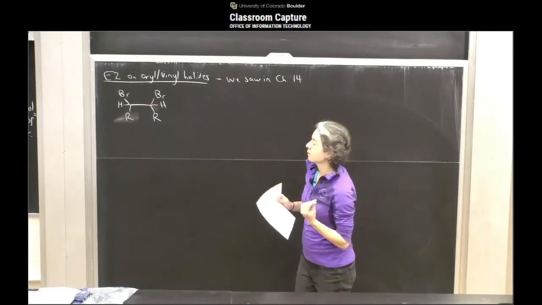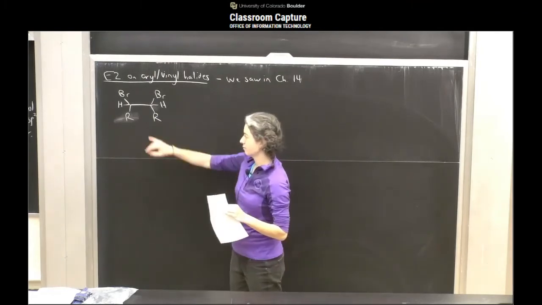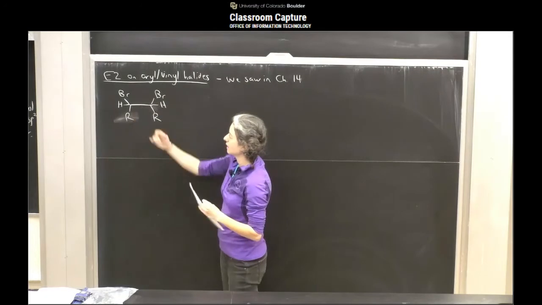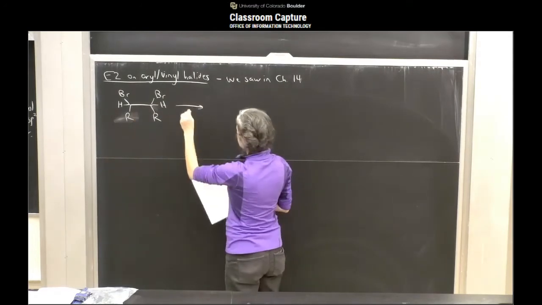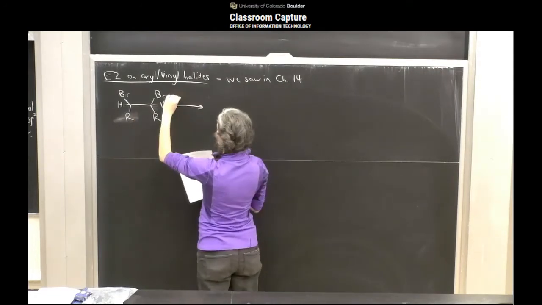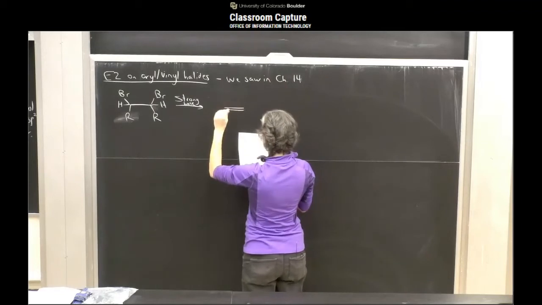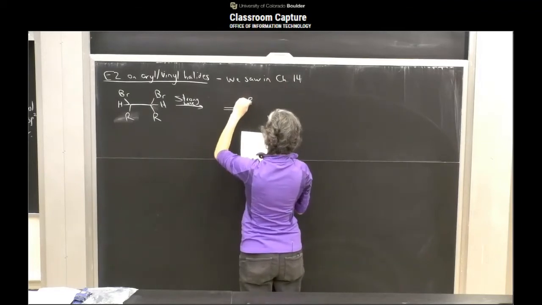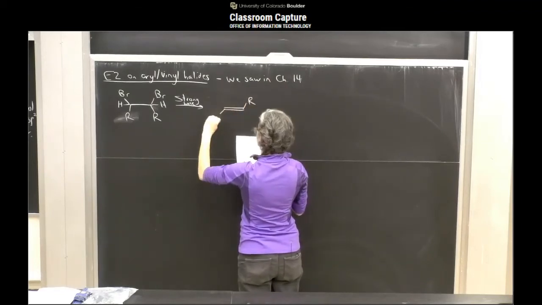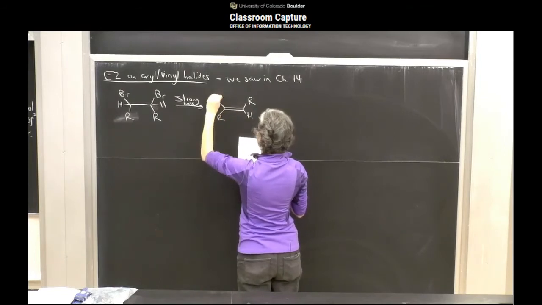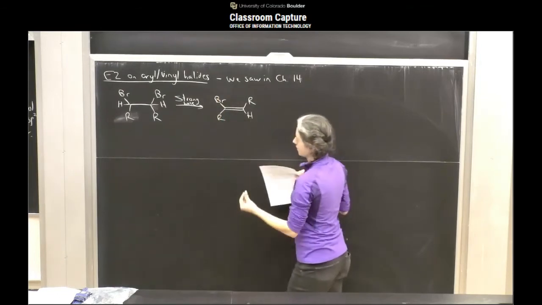So if you remember, when we wanted to make an alkyne from, say, an alkyl halide of some kind, we can take this, we can do strong base and get one E2 reaction to happen.